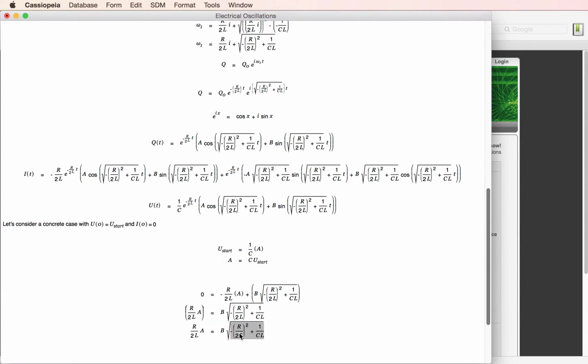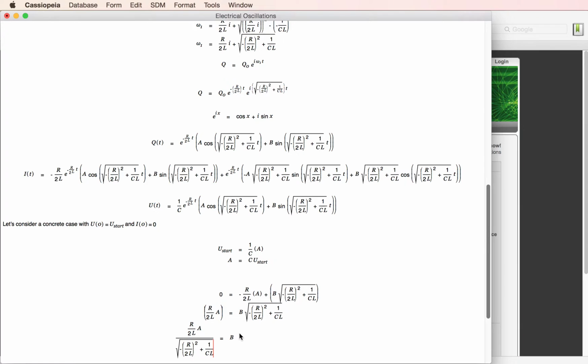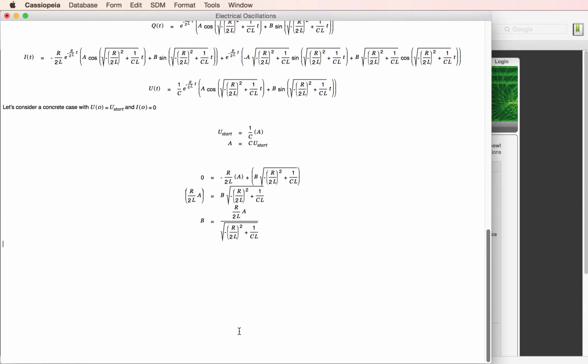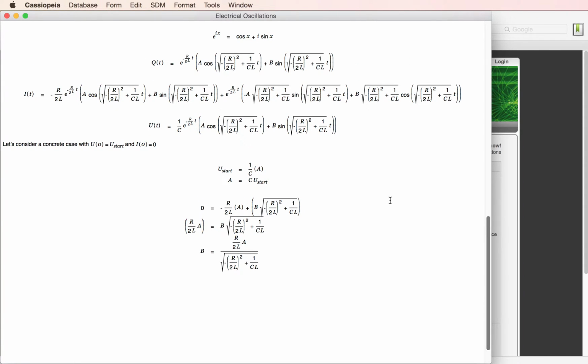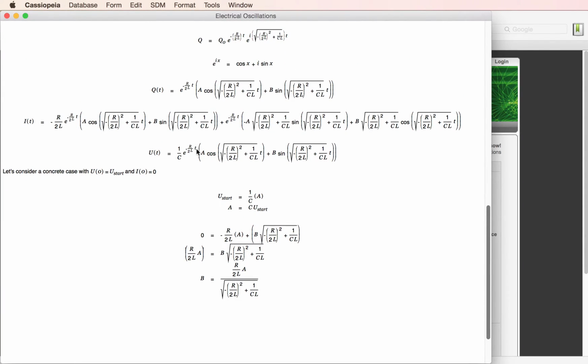And this as well. Which gives us the solution for A. So, the concrete solution for our problem is this voltage, this current with these two constants.